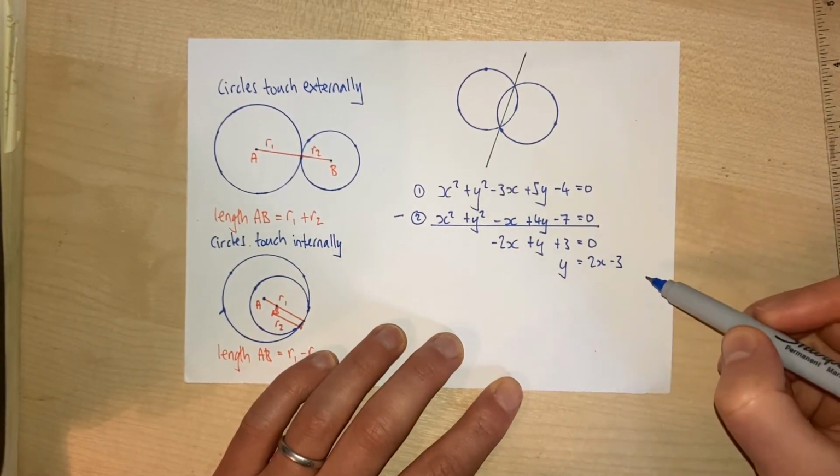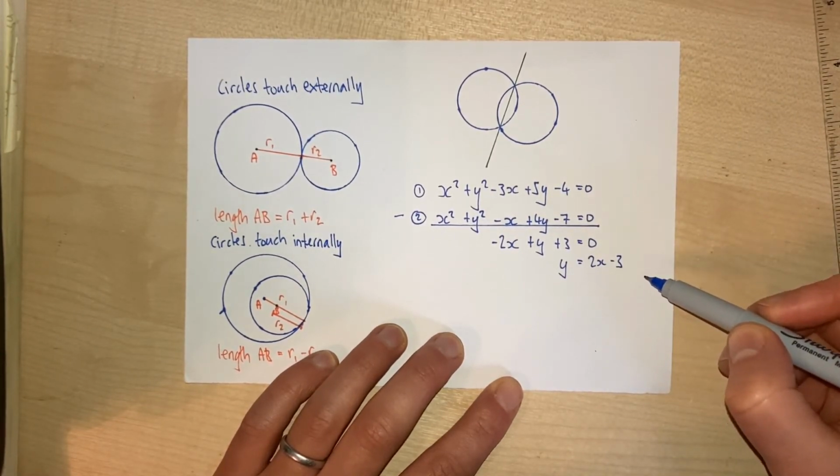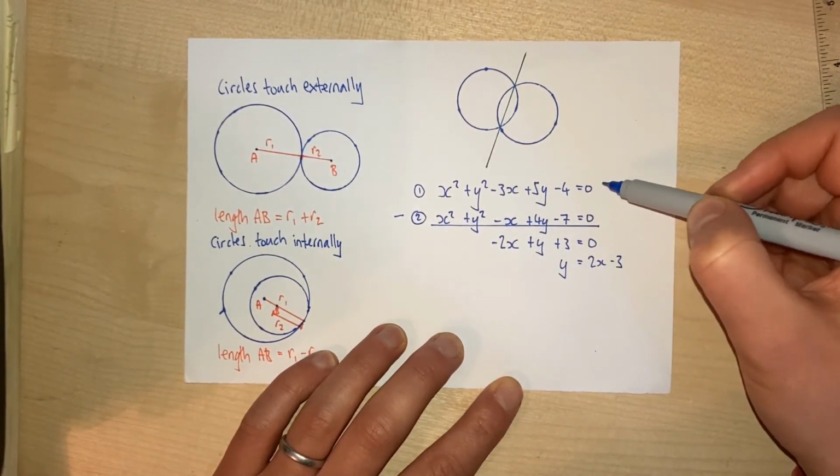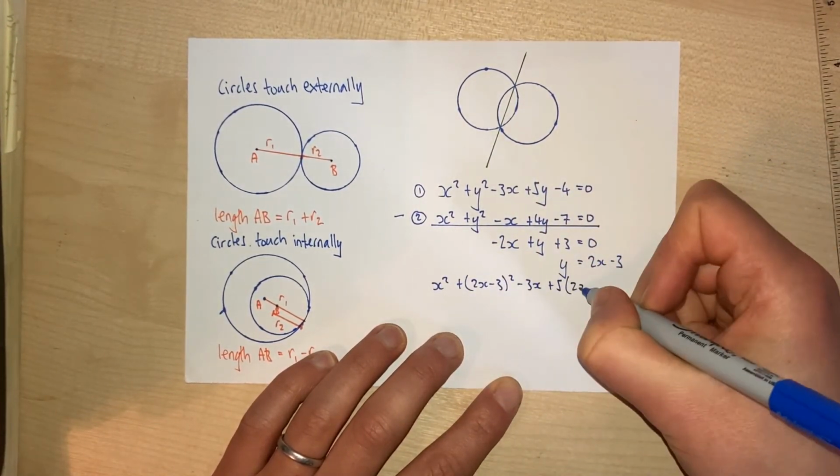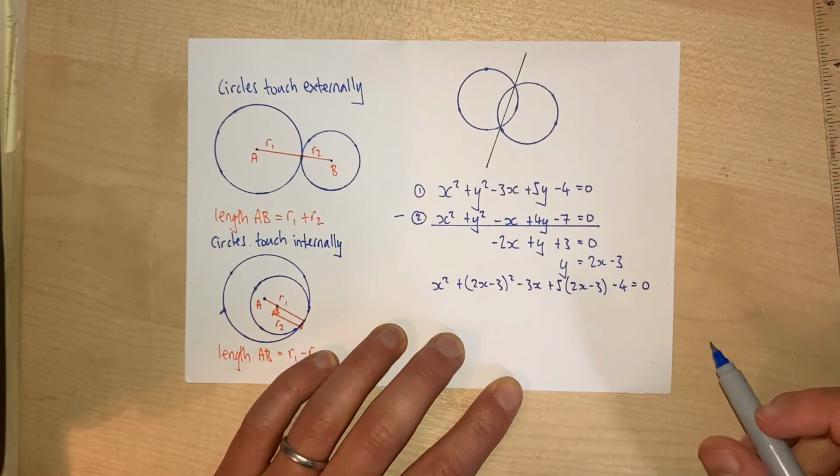I'm going to take this and substitute it back into the first equation. I can now expand the brackets, rearrange it and solve this equation to get my two values of x, and that'll be where this common chord intersects the two circles.